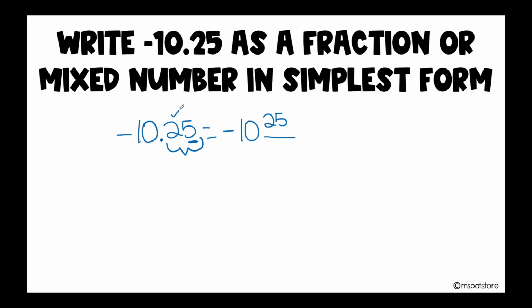This is the tenth place, this is the hundredth place. So my denominator will be 100. Now I need to simplify this fraction, so it will be divided by 25 and divided by 25. So it is equal to negative 10 and 1/4. That is my mixed number. In this case, I turned this decimal into a mixed number.